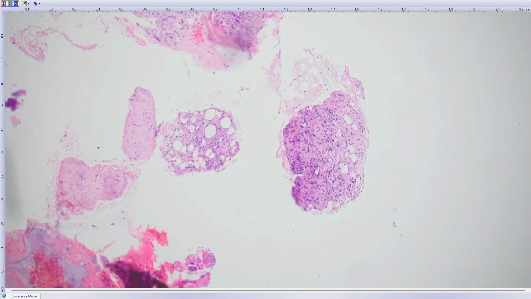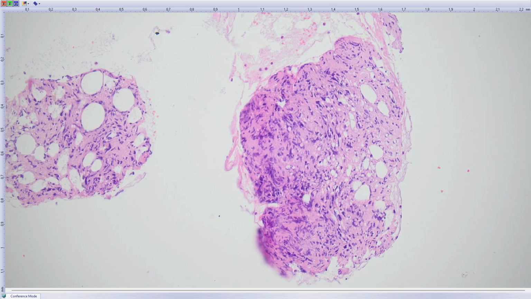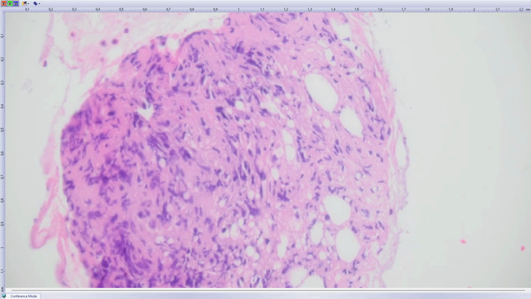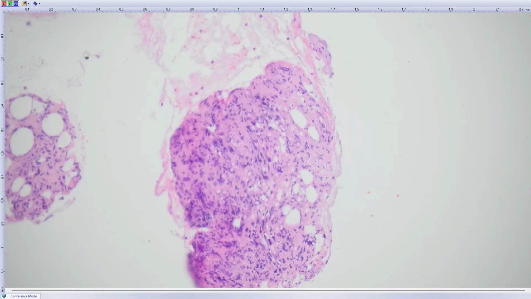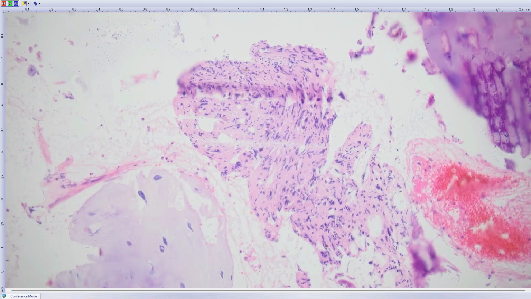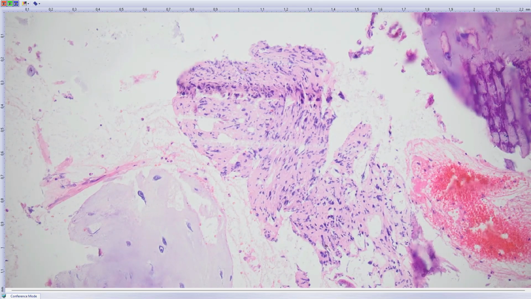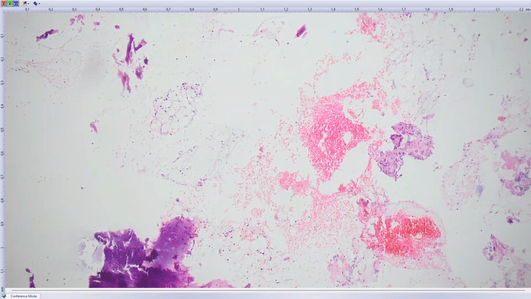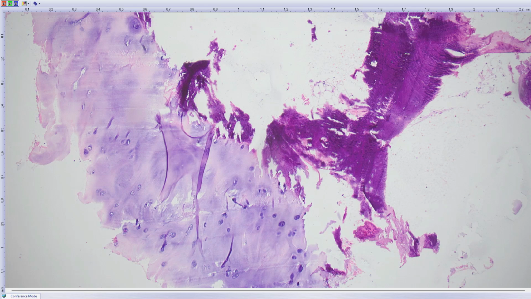And then we have these fragments of high-grade malignant neoplasm. But in combination with the atypical cartilage, I think you can basically think of malignant cartilaginous tumors or malignant bone-forming lesions with chondroblastic differentiation. So basically osteosarcomas with chondroblastic differentiation and various chondrosarcomas.